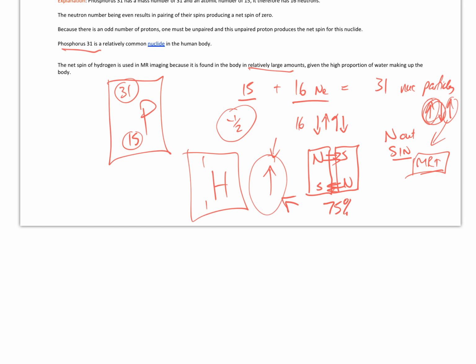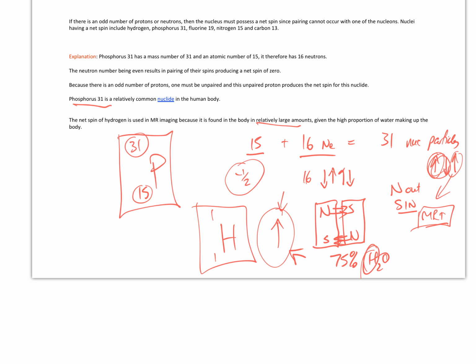If we're 75 or so percent H2O, we've got a massive source of protons there in our hydrogen atoms. Oxygen, 8 and 16. Okay, even numbers, so oxygen's not going to be any good for our MRI scanning. Protons, however, hydrogen with its lone proton, we get that spin effect, and we're making use of that lone spin with no cancellation in MRI scanning.